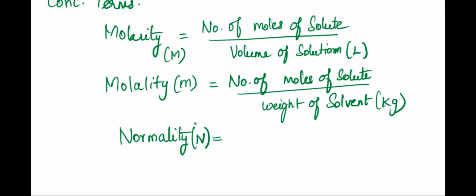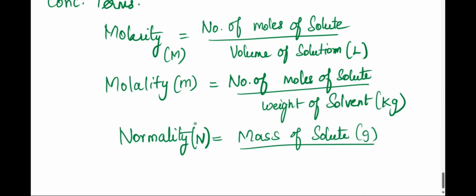So normality is equal to mass of solute, which is in grams, divided by equivalent mass into volume of solution.